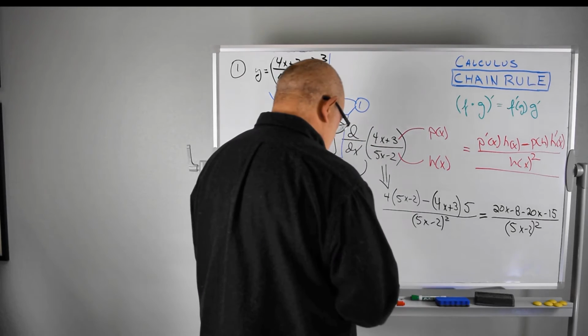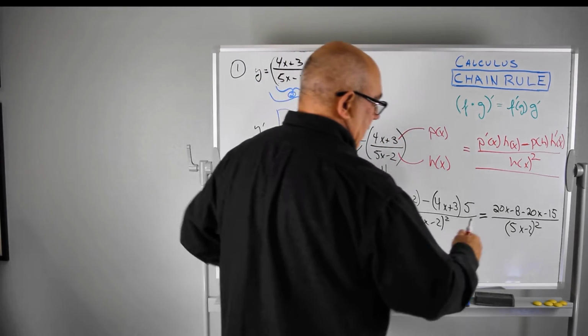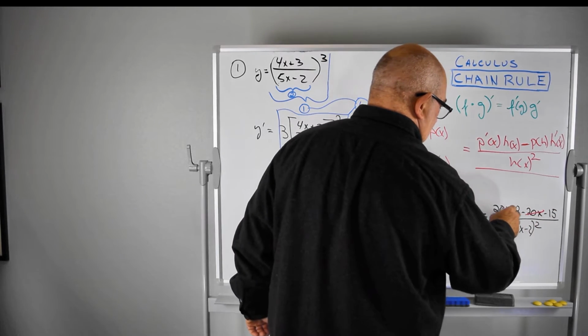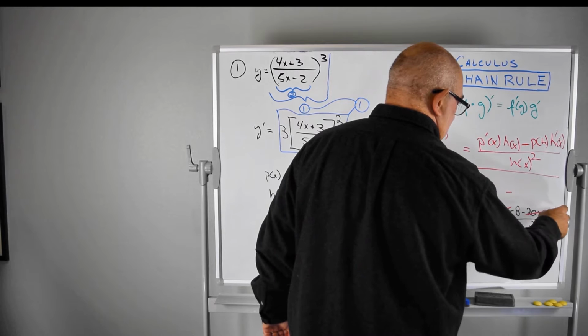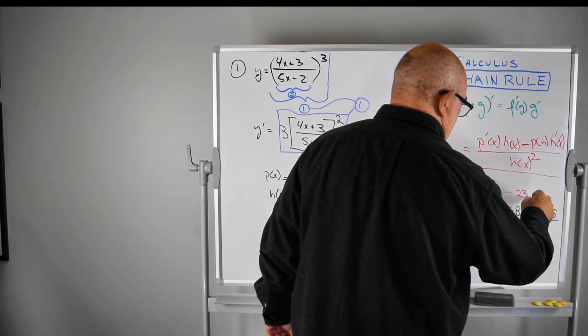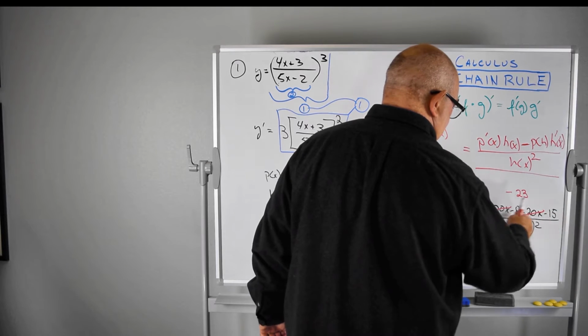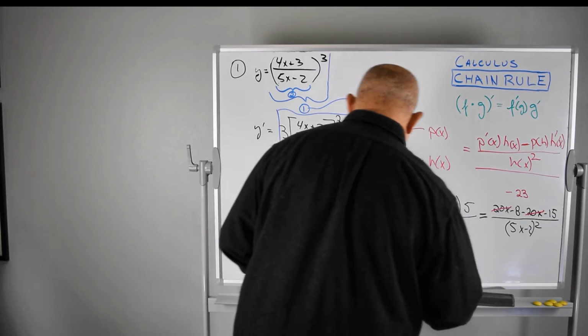Okay, so we can simplify this. We can get rid of the 20x's, they cancel, and this becomes minus 23 on the top, and then the bottom is the same. So we can solve now.